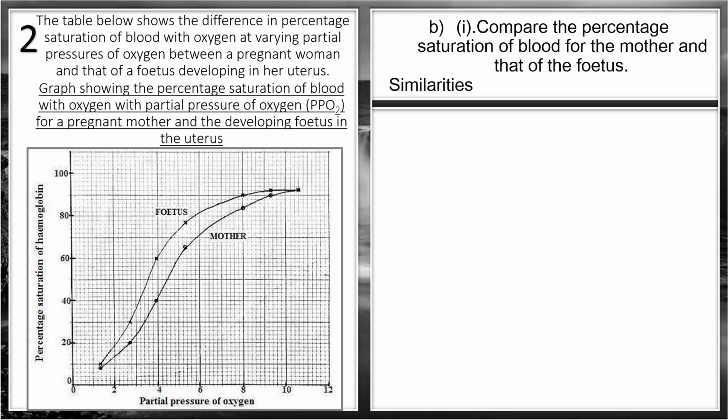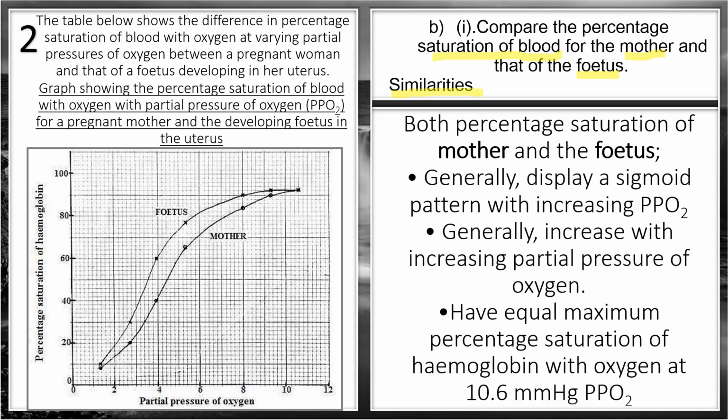Compare the percentage saturation of blood of the mother and that of the fetus. Let's first look at the similarities. We can see that both percentage saturation of the mother and the fetus generally display a sigmoid pattern with increasing partial pressure of oxygen.